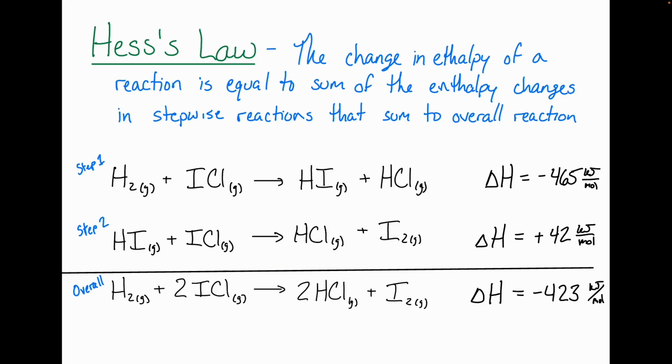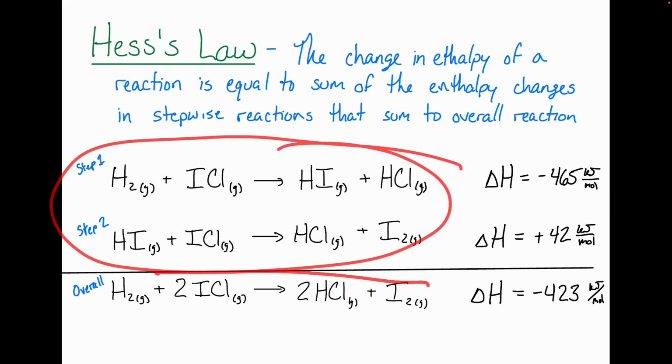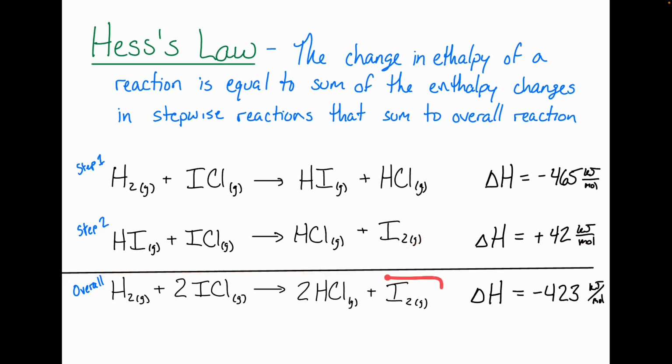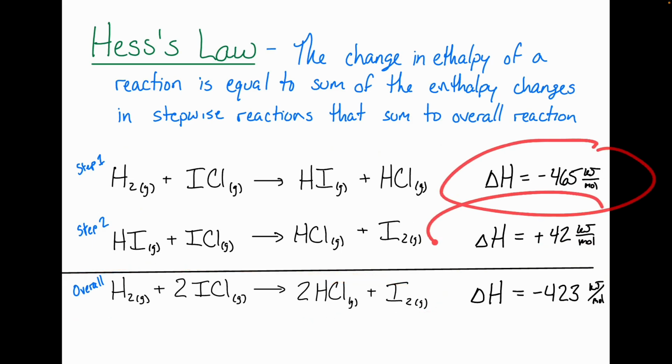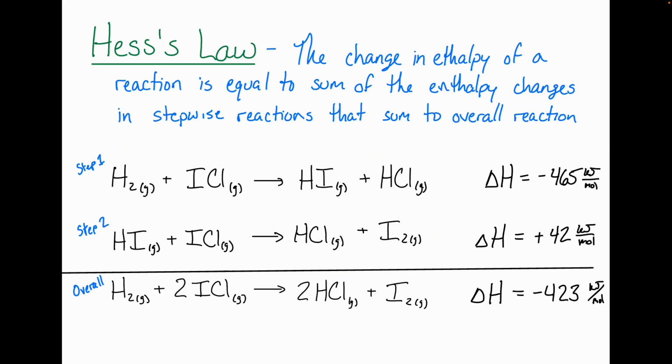Likewise, we can take the enthalpy of each of those steps and sum them up to get the enthalpy change of our overall reaction. So if we can sum our chemical equations to make this new one, which we're going to call our overall reaction, then we can sum up the enthalpy change of those steps to get the enthalpy change of our overall reaction.